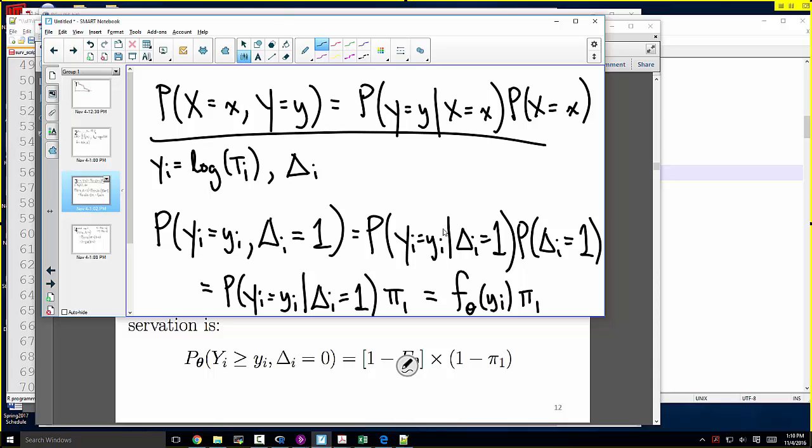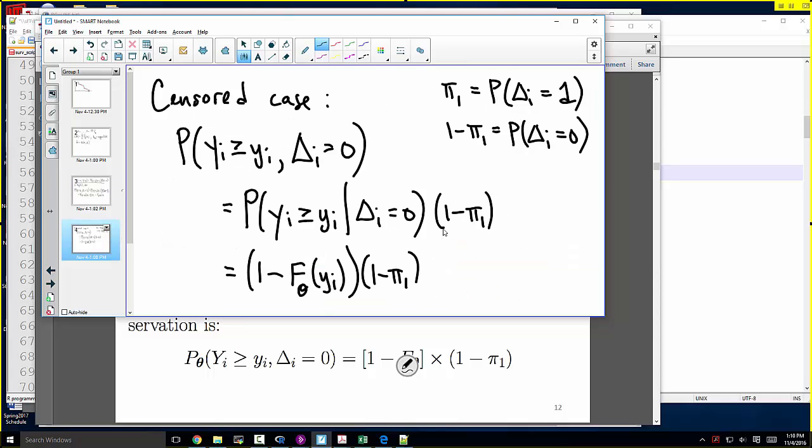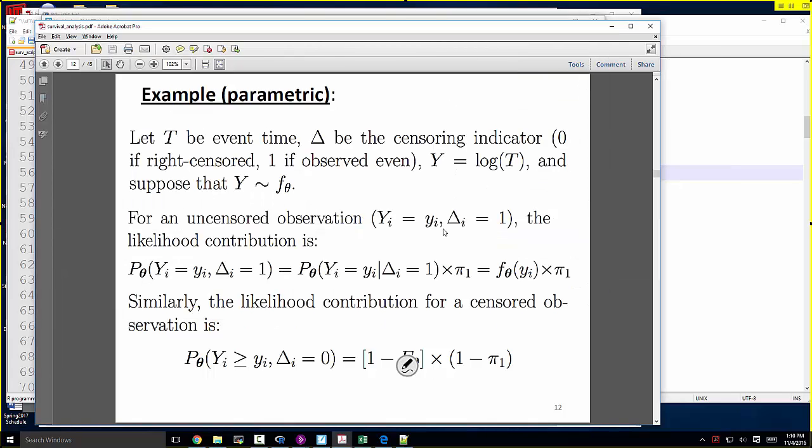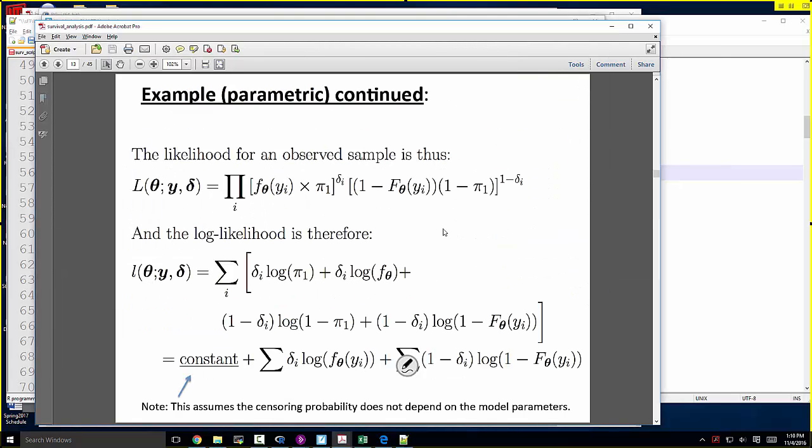For any individual who is censored, the likelihood contribution is 1 minus the CDF at yi times 1 minus pi1. So now we can put that all together, and this at the top is a likelihood for right-censored data. It's a product, just like all the likelihoods we have seen have been.